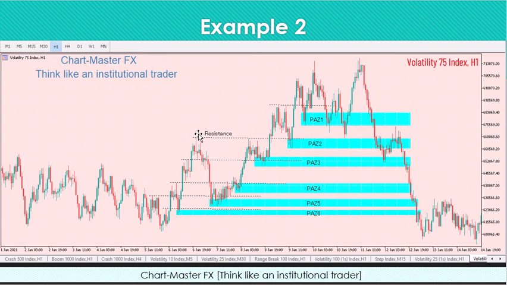Use your eyes, not the indicators. So you need to go on charts and be able to identify these things yourself. Once you can identify these things yourself, guys, then I can assure you that you are going to read the market like a pro.